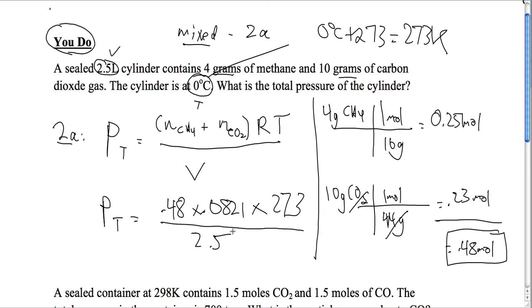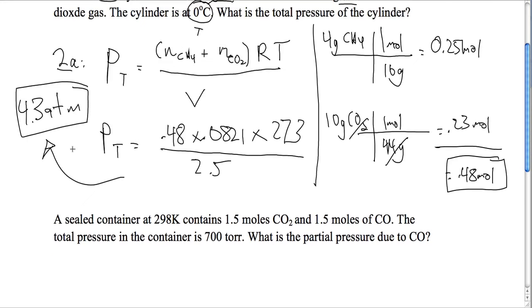So I'm going to do that. 0.48 times 0.0821 times 273 equals that. Divided by 2.5 equals 4.3. So overall pressure is 4.3 atmospheres. Let's go on to the next problem.